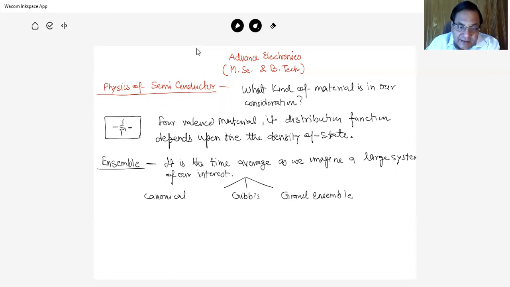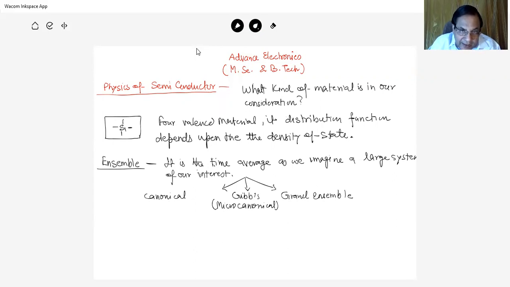This Gibbs canonical is also called the microcanonical ensemble. So the microcanonical ensemble is very similar to the systems we consider as open system, closed system, and isolated system.